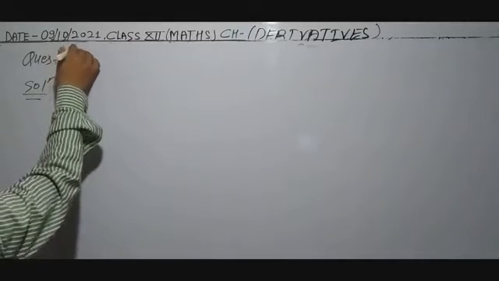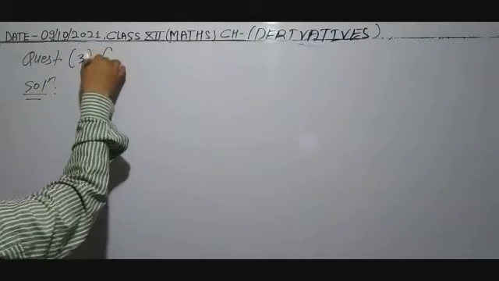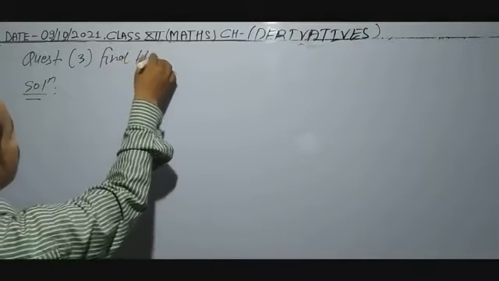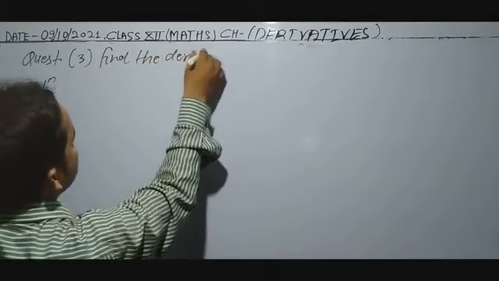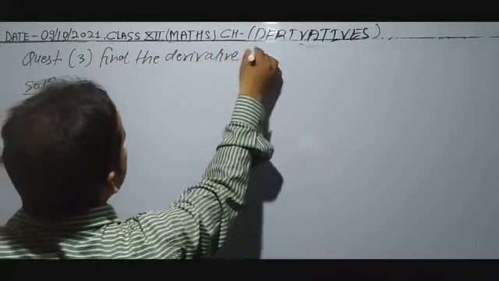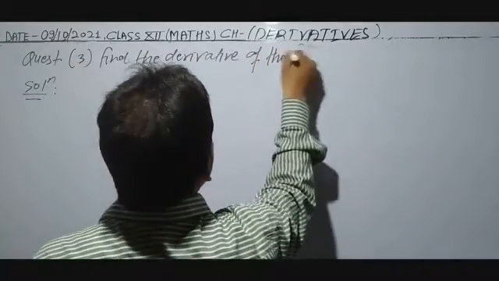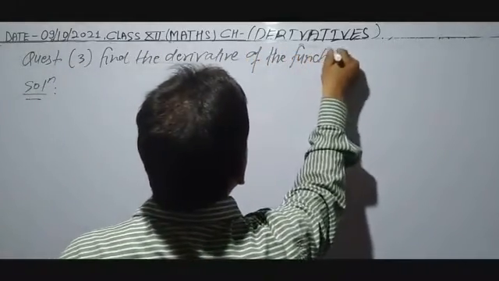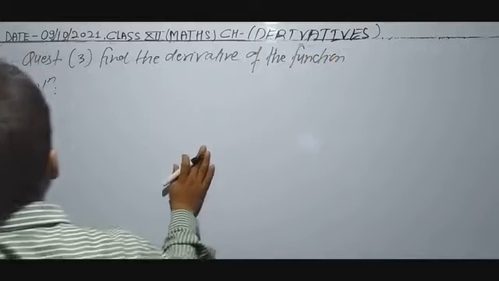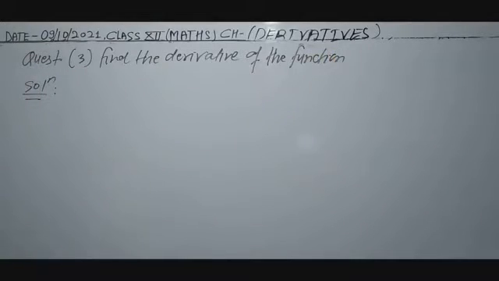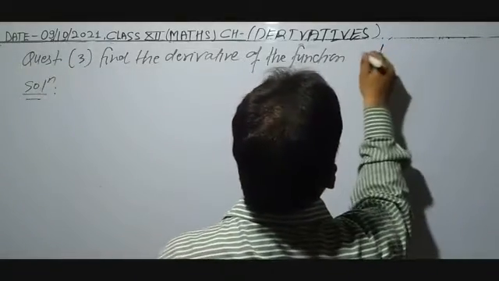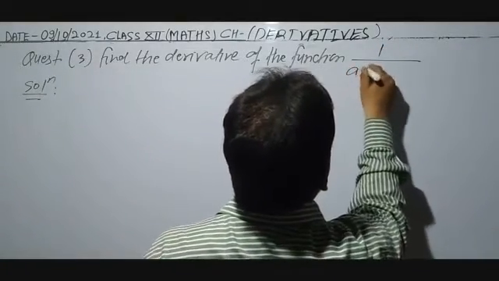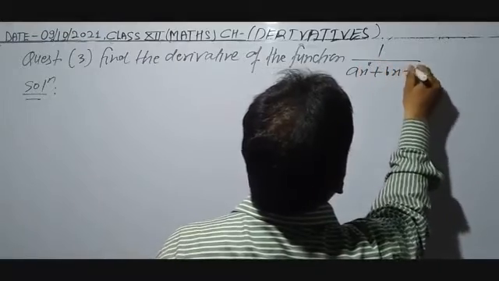Find the derivative of the function y is equal to cosec x into cot x, or suppose we are going to take another function, ax square plus bx plus c.